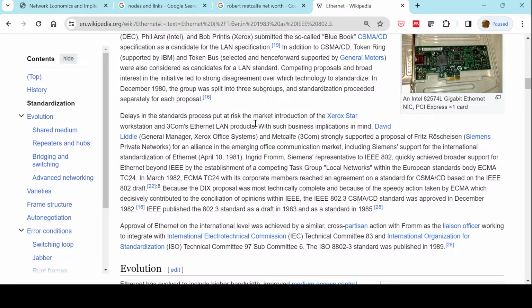That was the original Ethernet. This is a modern Ethernet.